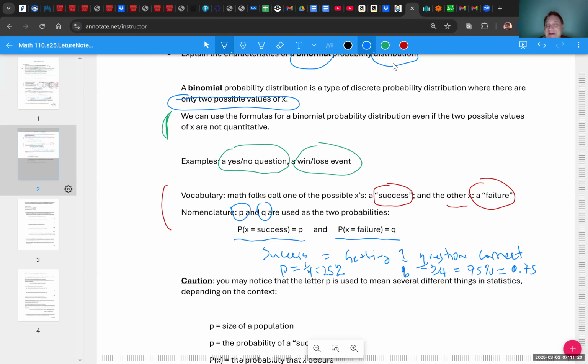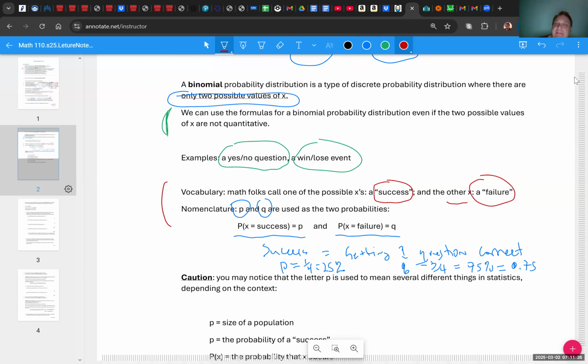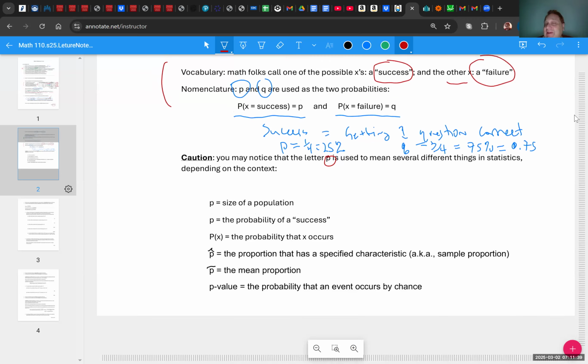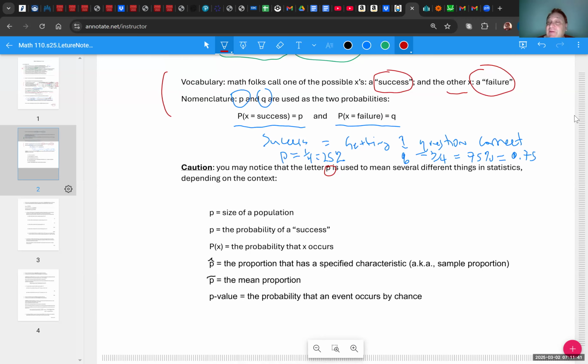A little warning coming up here. I could not help but at this point go over something. Many students start to notice that the letter P is used to mean lots of different things in statistics. So I'm going to go over the main ones that we have seen so far, or that we will see soon in the chapters coming up.